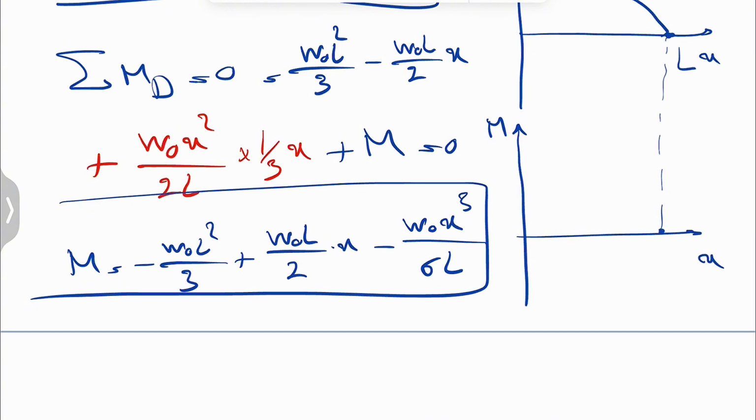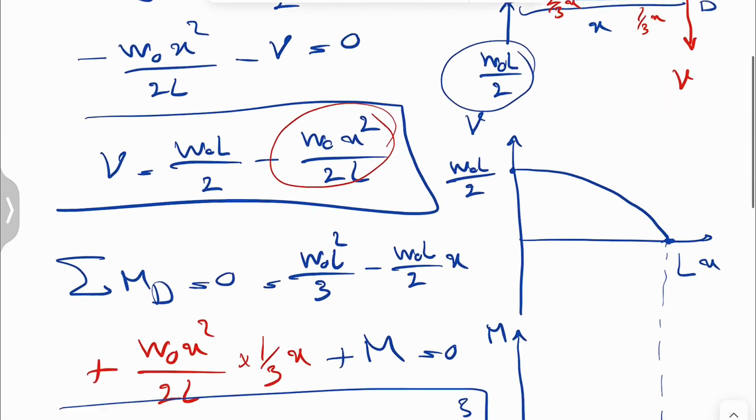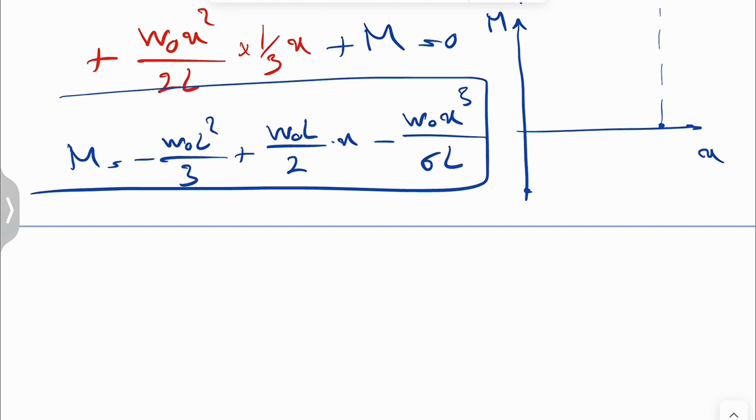Let's just put the beginning and the end point just to get an idea how the curve looks like. So putting 0 in here, we can see that we're going to start from negative W0 L squared over 3. So that's going to be our starting point.